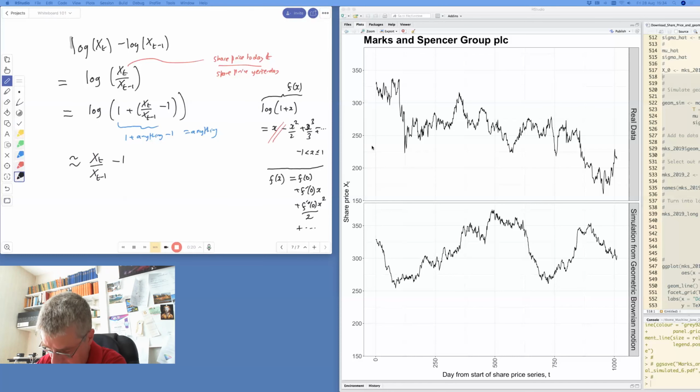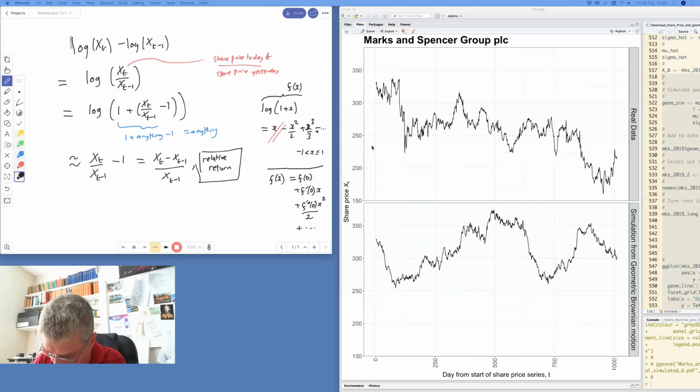And that equals xt minus xt minus 1, all over xt minus 1. And that quantity is referred to as a relative return. So that's a financial name.